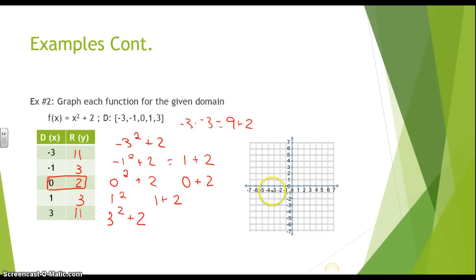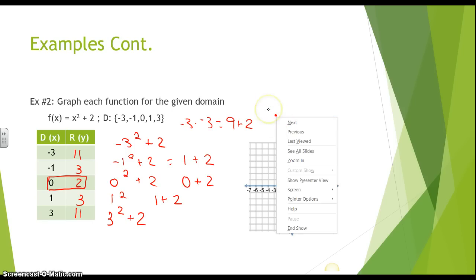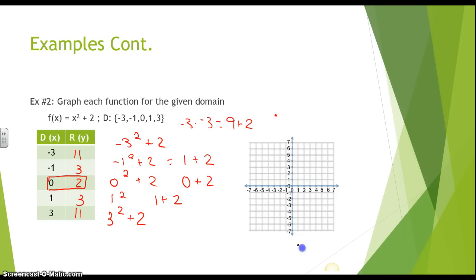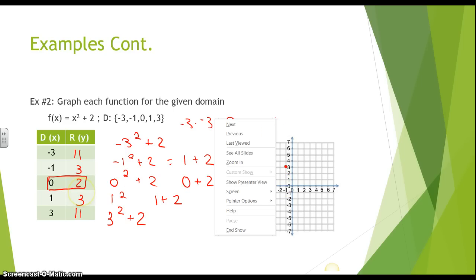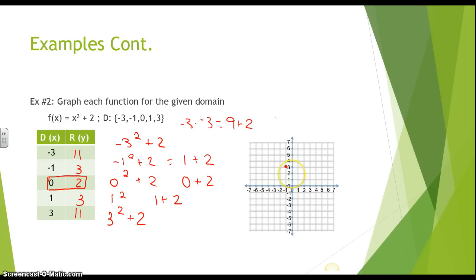Let's graph this. We have -3, 11. It's going to go off the graph just a little bit. Okay, now we have -1, 3. Then we have 0, 2.